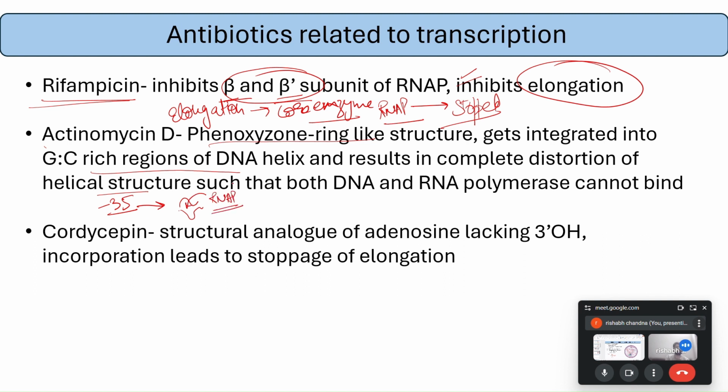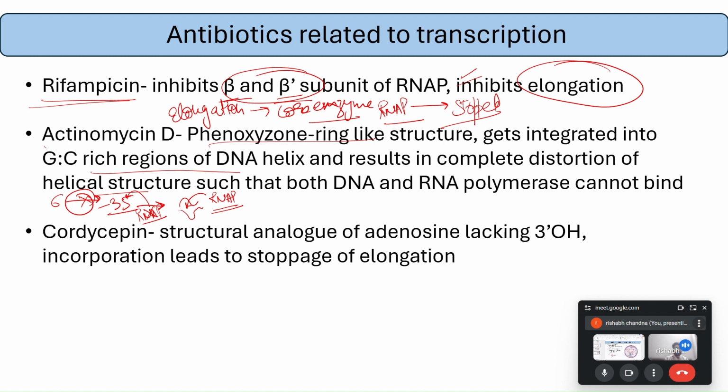As we have discussed previously, when the -35 region is mutated, that would reduce the formation of the closed complex. So the sigma subunit cannot recognize this -35 box, and hence RNA polymerase cannot bind to the -35 box, hence the closed complex cannot be formed.